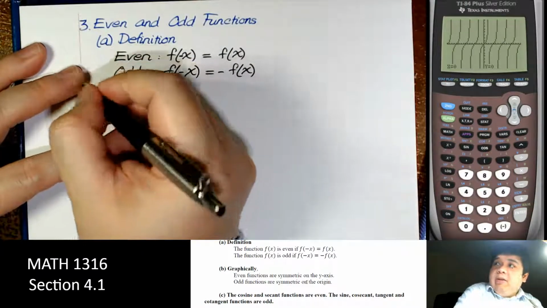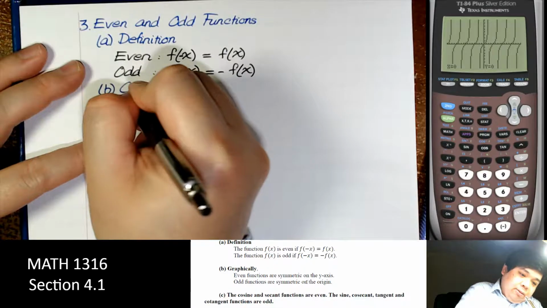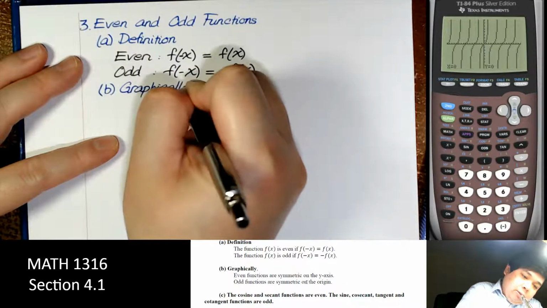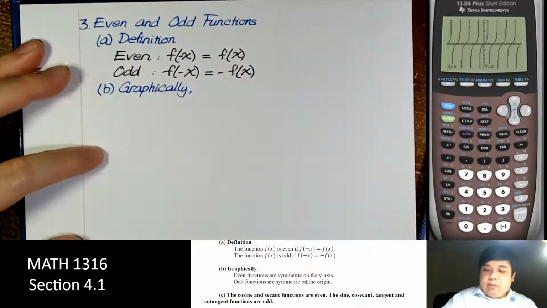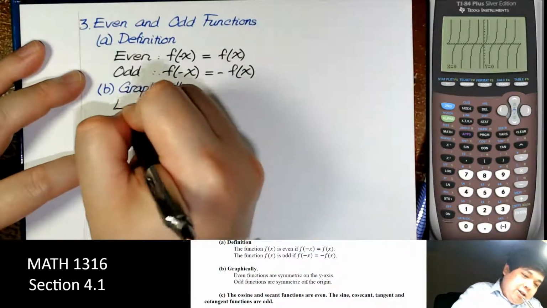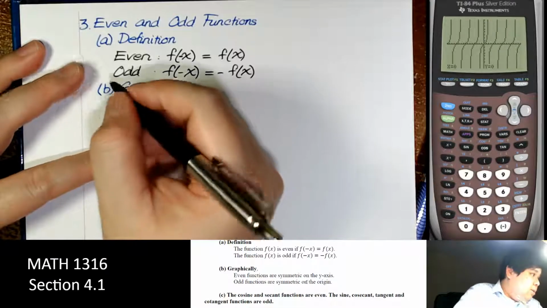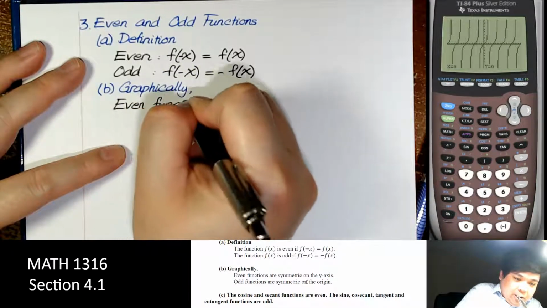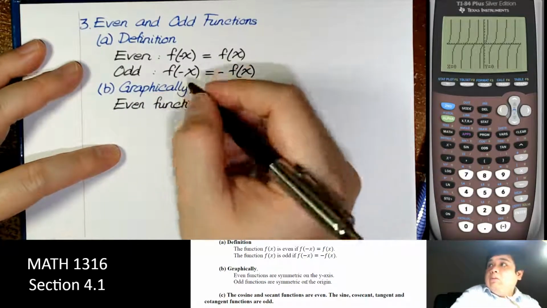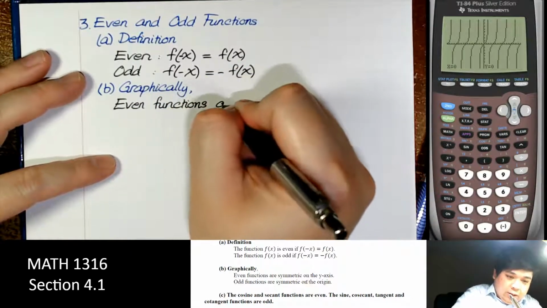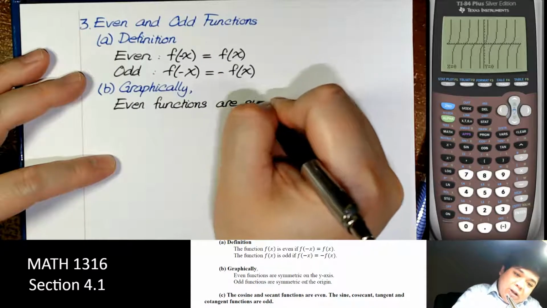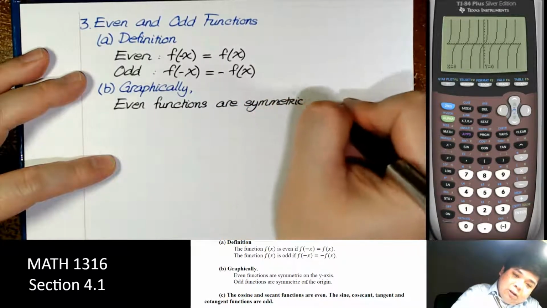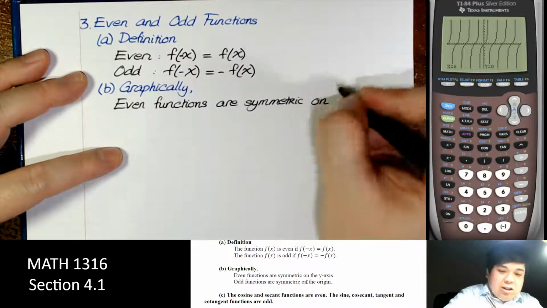And also we have the graph. An even function is symmetric about the y-axis.